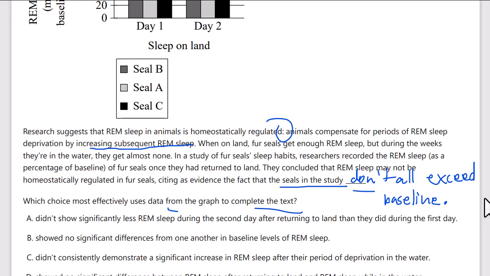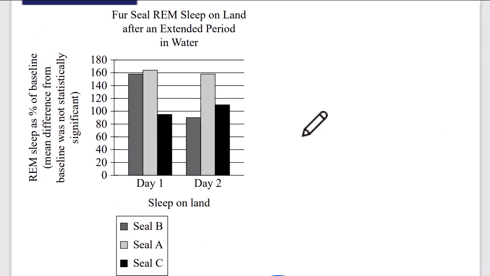And we don't know how long it really takes for them to make up their REM sleep if they do, so I'm not sure how significant the day 1, day 2 difference really is, except for the fact that on day 2, it just goes down in the middle gray case, that far left bar.